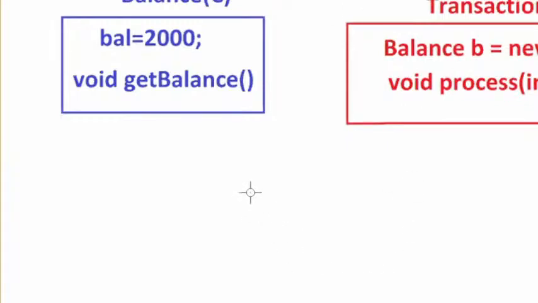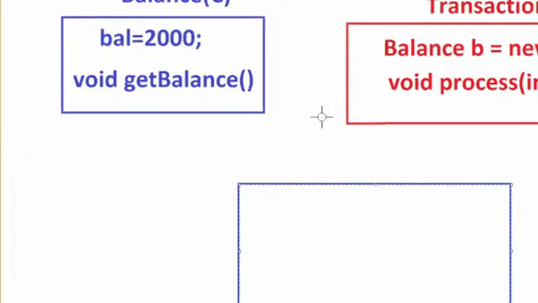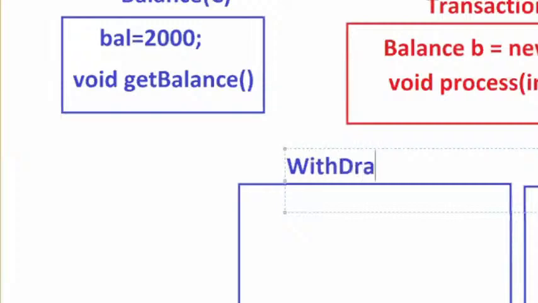Now there are two types of implementations I had. One implementation is Withdraw, one implementation is Deposit. Withdraw one class, Deposit one class.